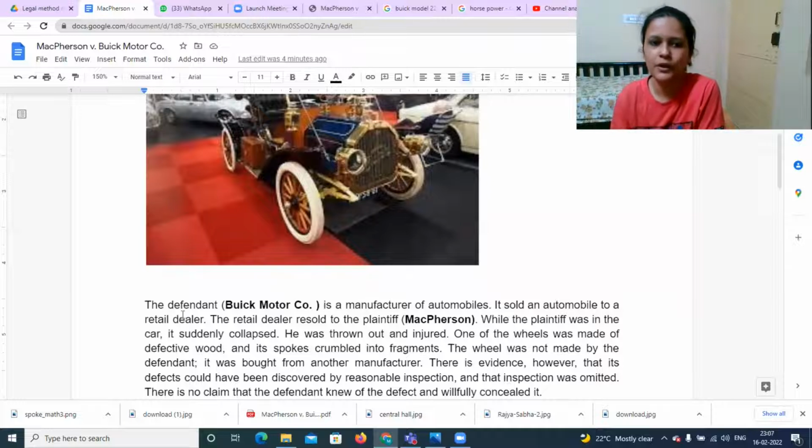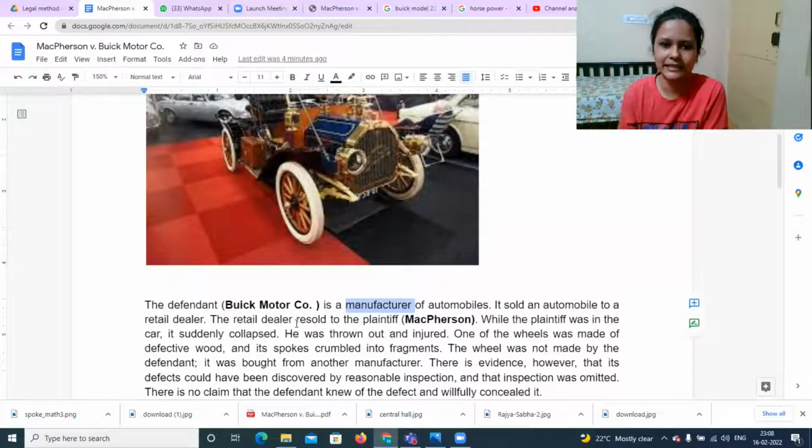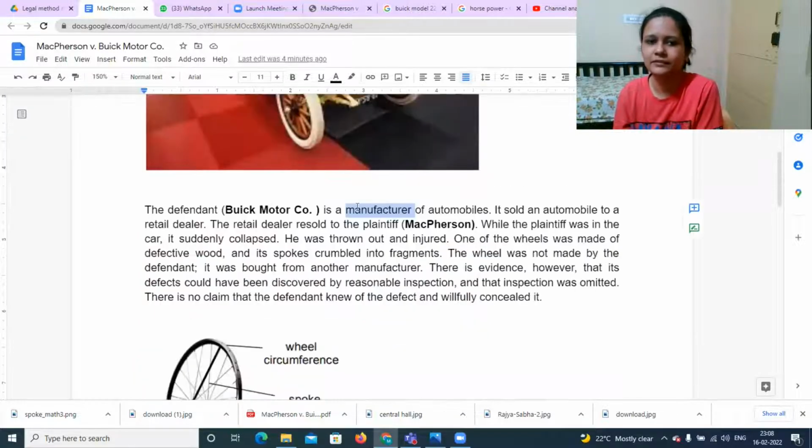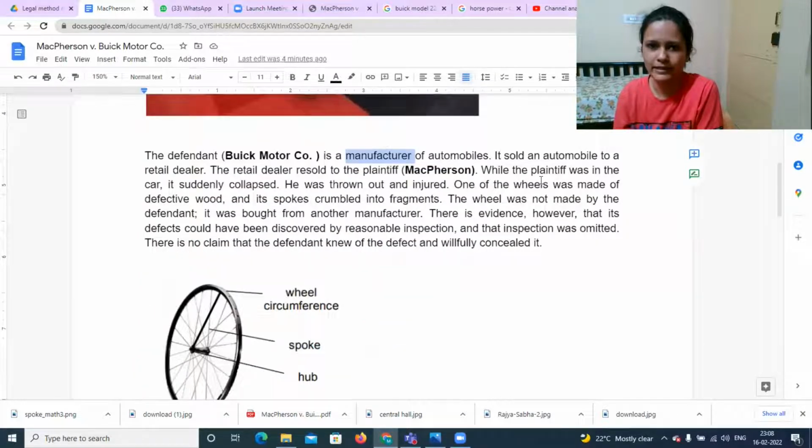Same happened here. Buick Motor Company was a manufacturer. They sold an automobile to a retail dealer, and the retail dealer resold it to the plaintiff, MacPherson, who is the plaintiff of this case. So the plaintiff is the purchaser, the customer, and the defendant is the manufacturer of automobiles.